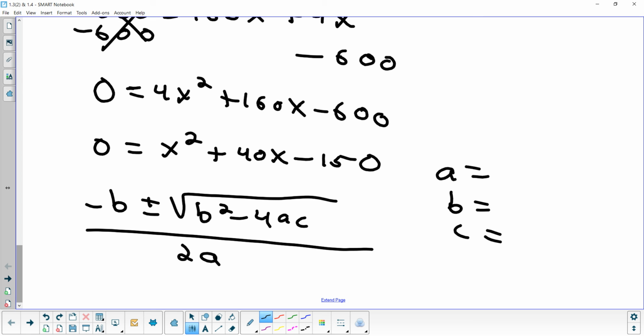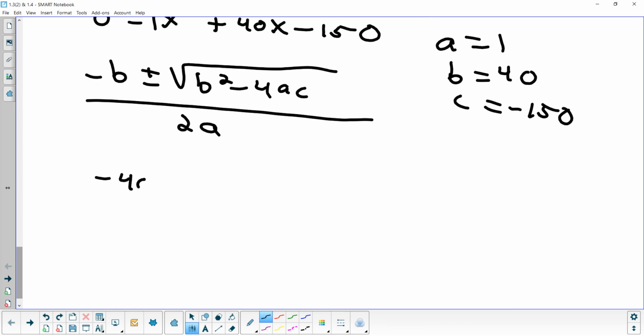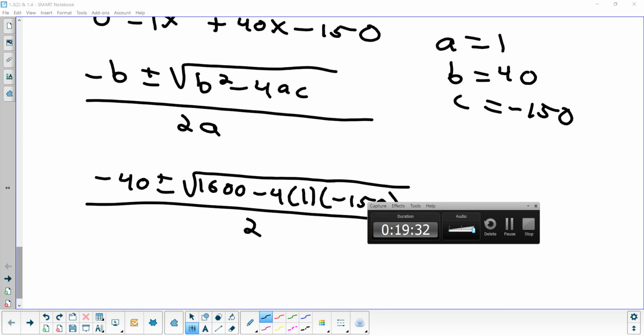So a is 1, b is 40, and c is negative 150. So now we fill those in, see what we get, and go from there. So we have negative 40 plus or minus the square root of 1600 minus 4ac, all over 2a, which in this case a is 1, so it's all over 2.